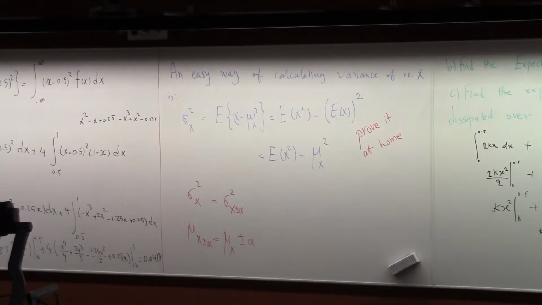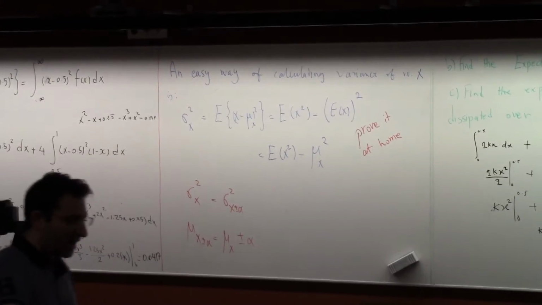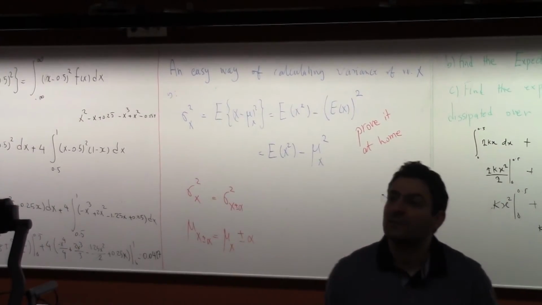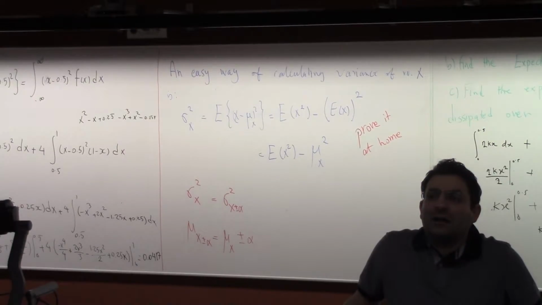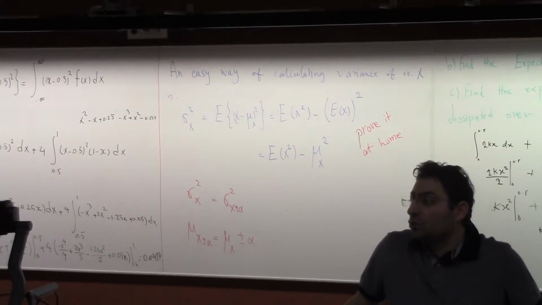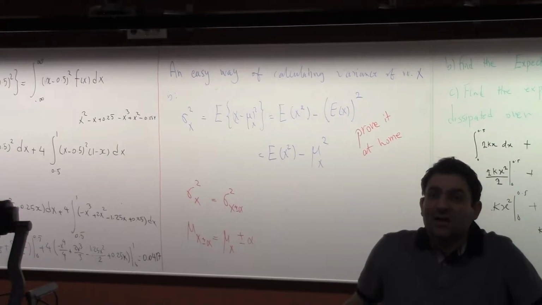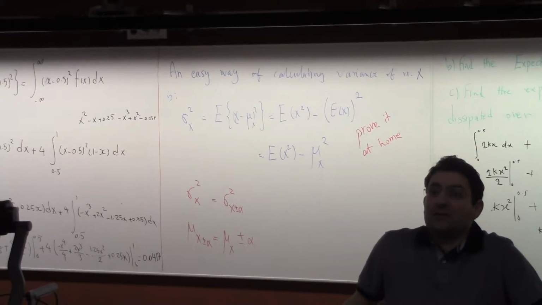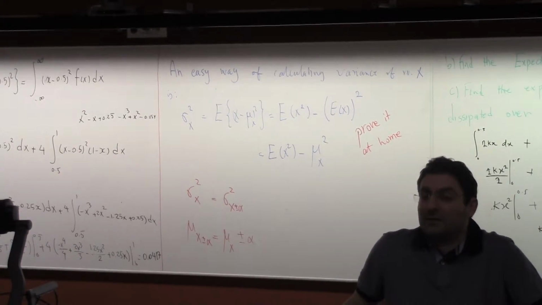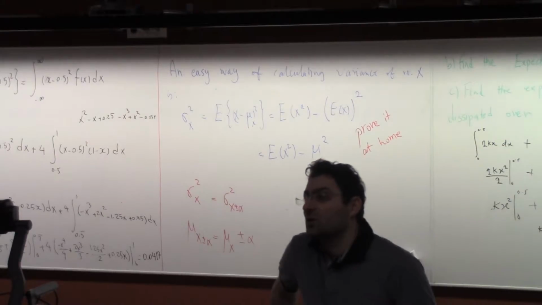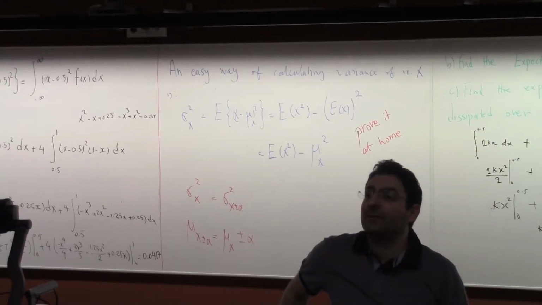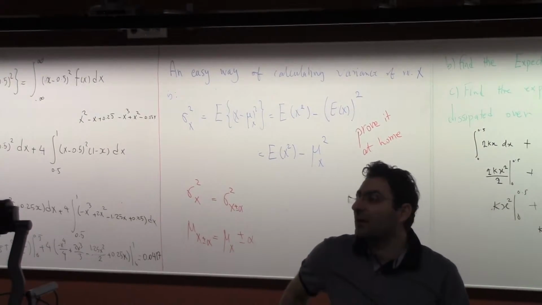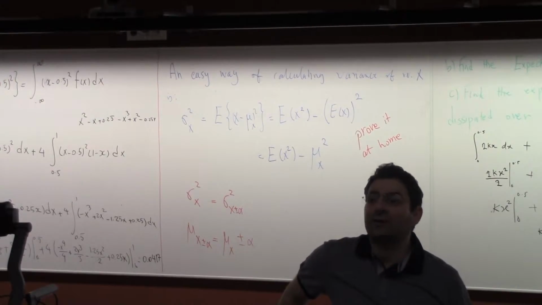In other words, I did an exam, and the class was not good, and the average, let's say, was 20 or 30. Then I said that, well, this is not good, and something should happen. We decide to multiply all the grades by 2.